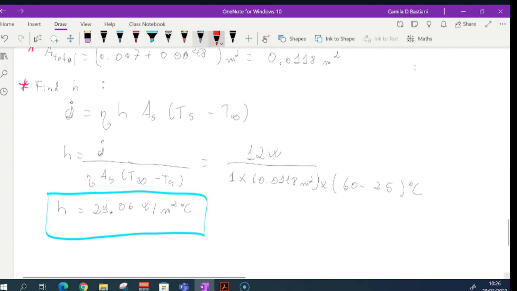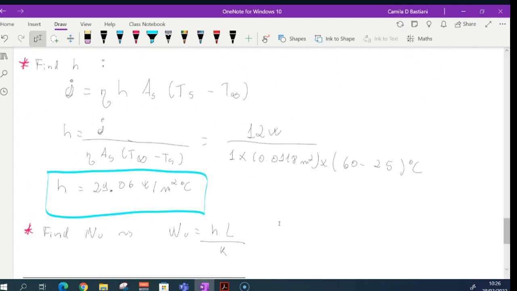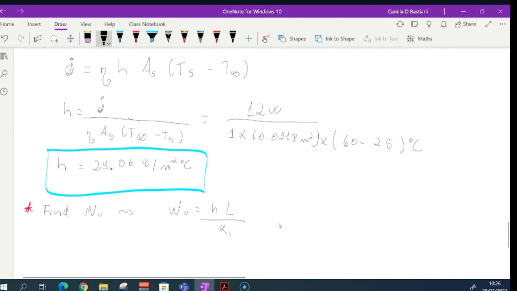Now I can use this h to find my Nusselt number. I know that my Nusselt number is equal to h of convection multiplied by my length divided by my conductivity. For the Nusselt number, we use the conductivity of the air, of the fluid.